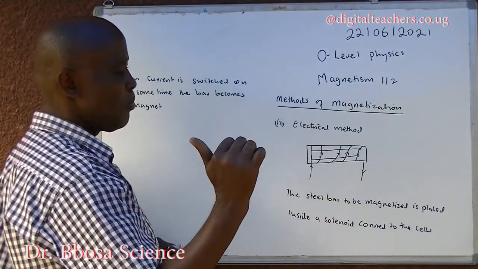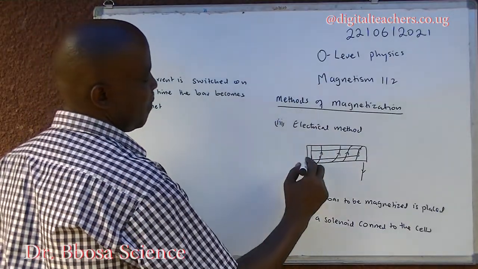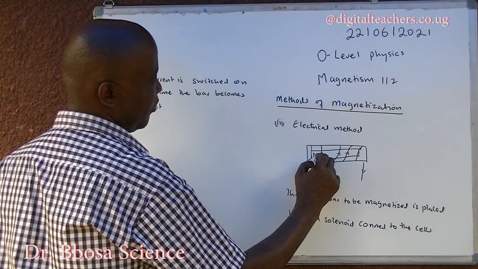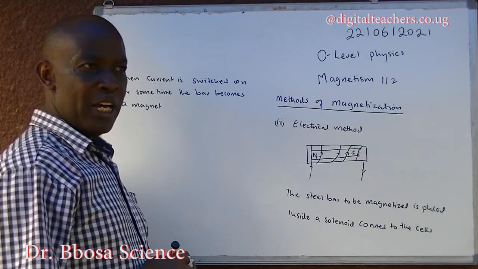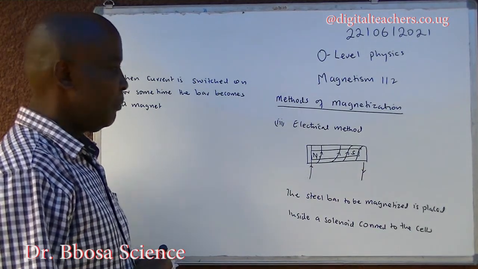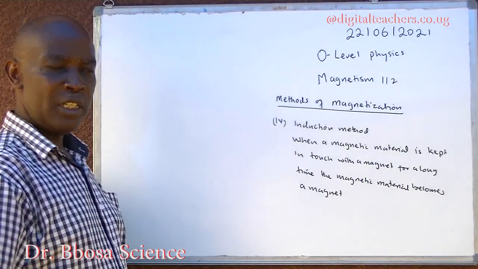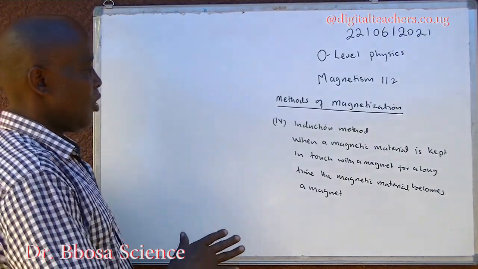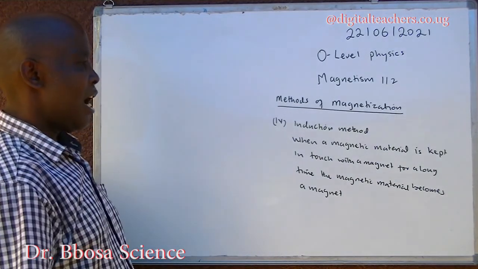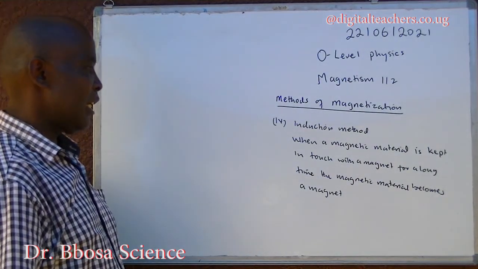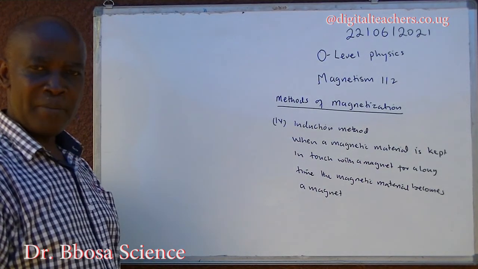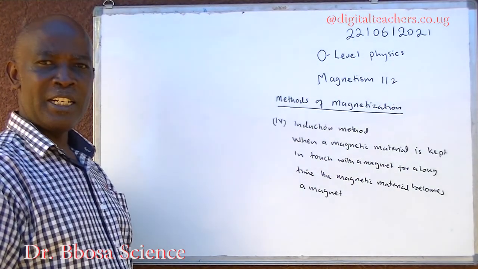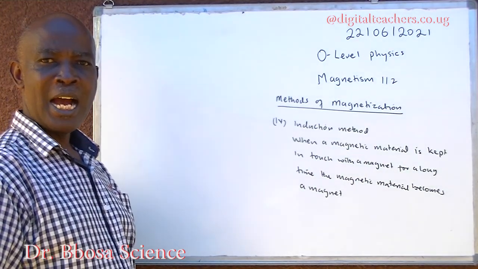The thumb will point to the north pole. So this becomes the north, this becomes the south pole of the steel bar. 4. Induction method. When a magnetic material is kept in touch with a magnet for a long time, the magnetic material becomes a magnet.